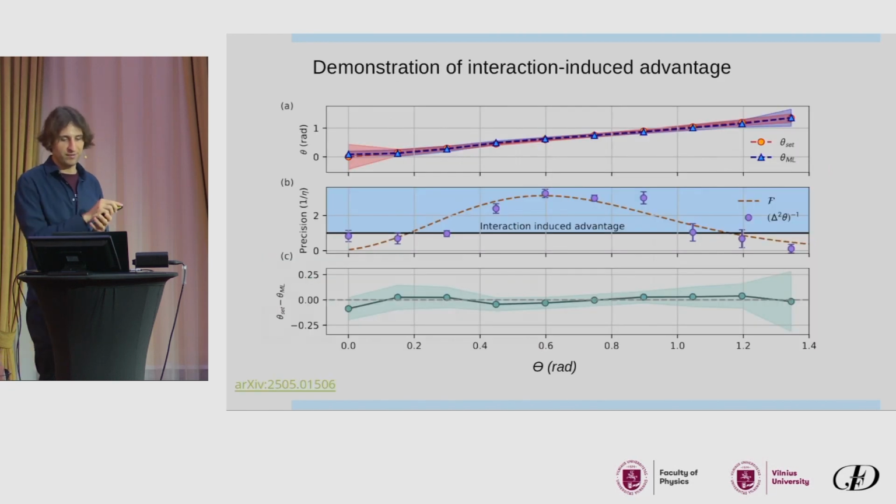And the final result is that we actually perform the estimation with a maximum likelihood estimator. We try to unbias everything. Everything works very nicely, and we are able to improve the precision, or improve the Fisher information, by a factor of about 3.